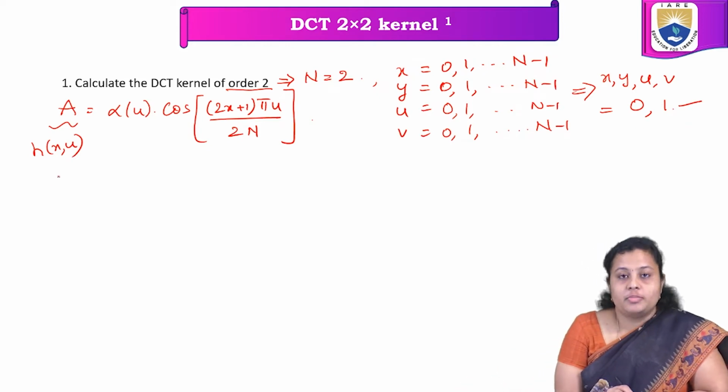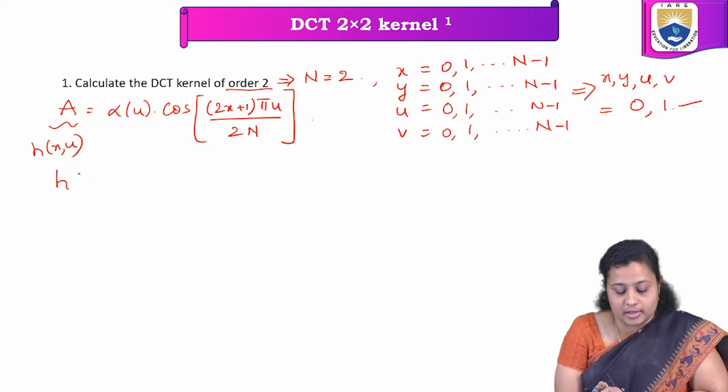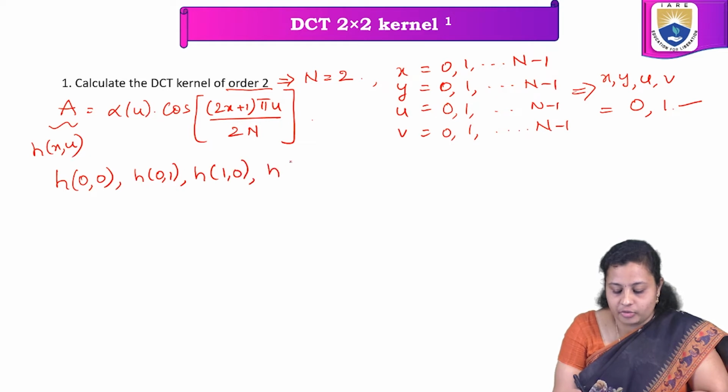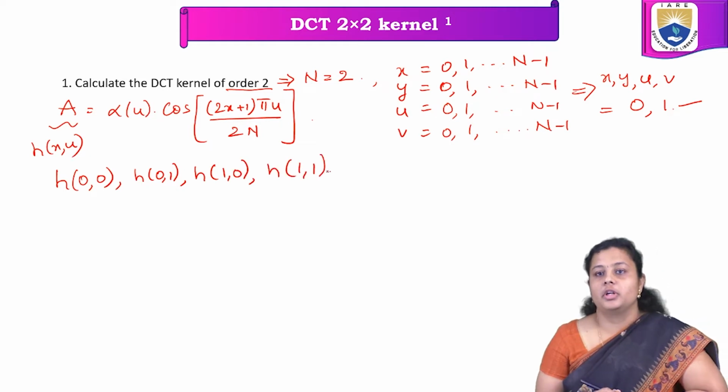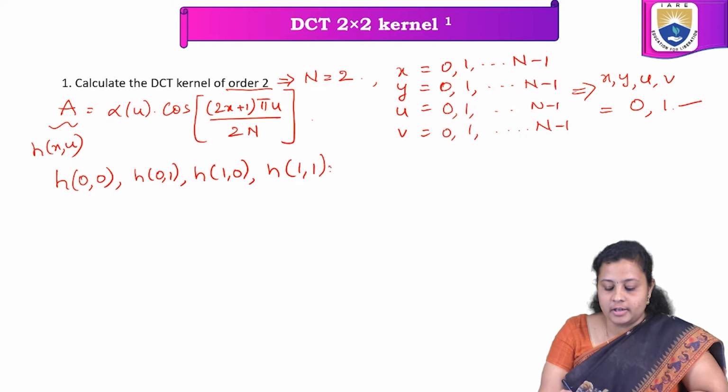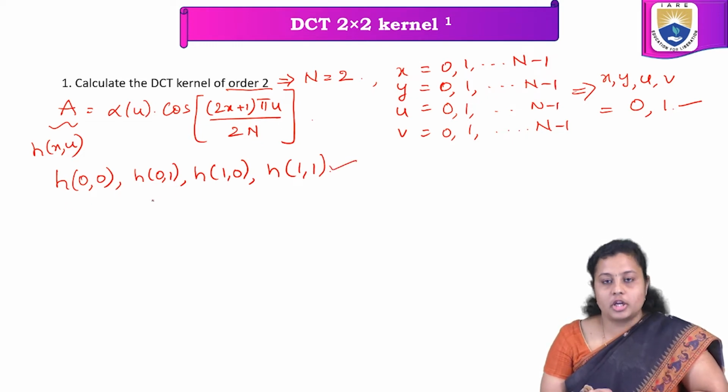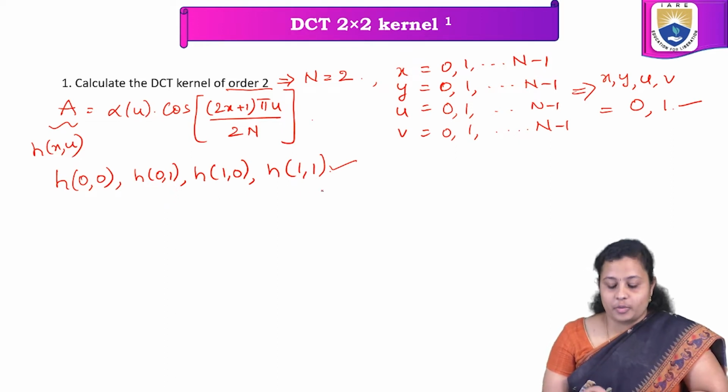So, the possible combinations of the coefficients that we have to calculate are h of 0 comma 0, h of 0 comma 1, h of 1 comma 0, h of 1 comma 1. So we will substitute the values of x and u in this equation and we will get the values.